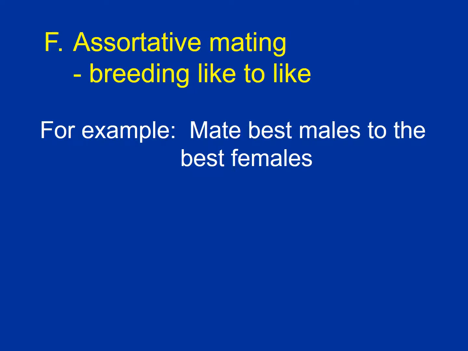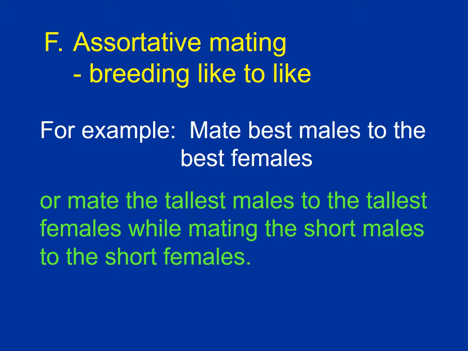That'd be known as assortative mating. Another example of that, you could breed the tallest males to the tallest females, and mate the shortest males to the shortest females. Again, you're just mating individuals that are more alike to each other.